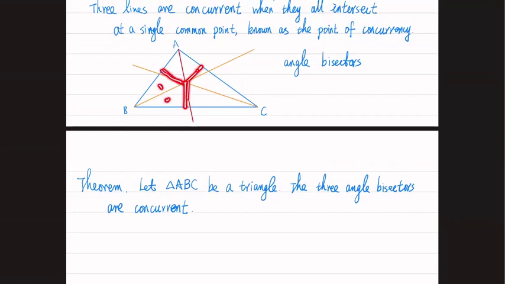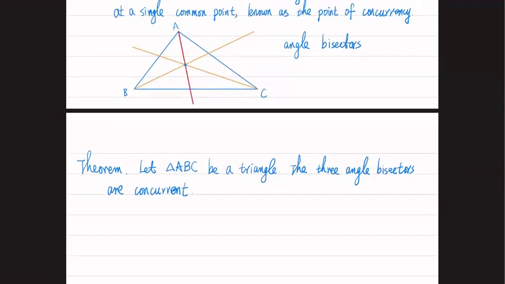So these two sides have equal length. So these two angles must be the same. So this line bisects angle BAC. So the proof is done.